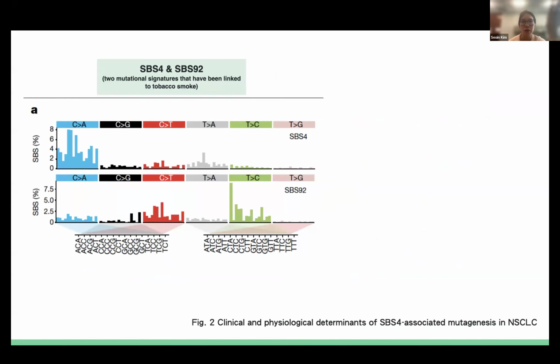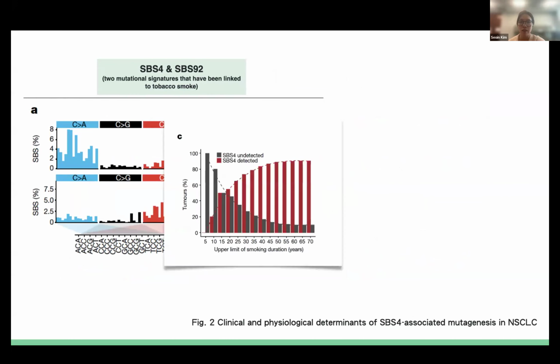SBS4 and SBS92 are the two mutational signatures that have been linked to tobacco smoke. If you are exposed to more tobacco, more pack years, you're likely to get more SBS4 mutations.